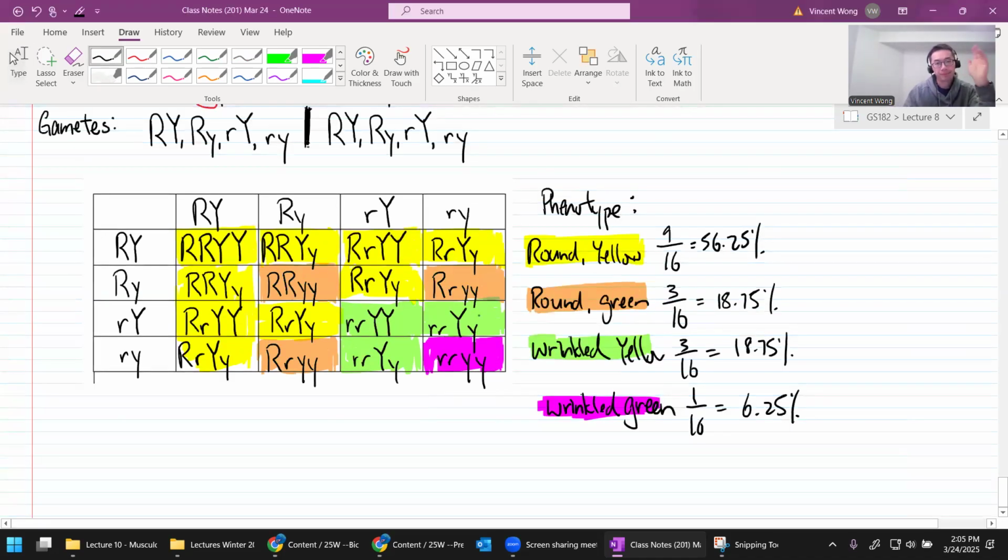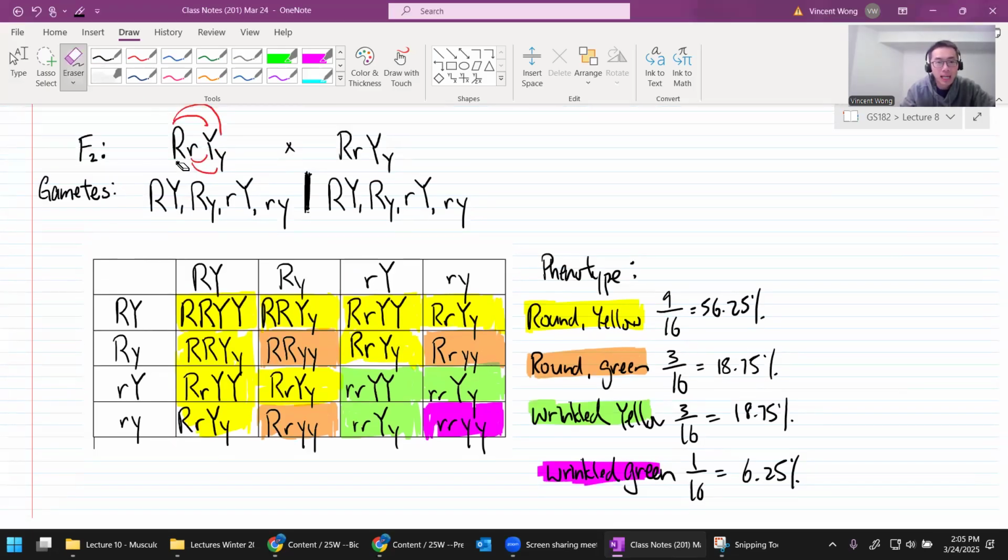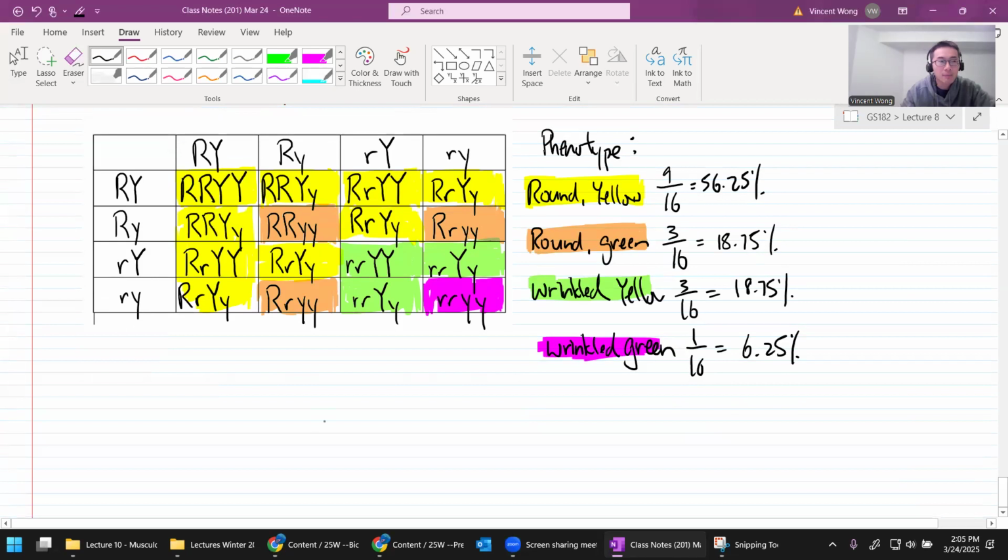So listen, this is going to save you a lot of time for multiple choice questions. If the parents are heterozygous for both traits, and you find yourself in a situation where you have to do a 4x4 table and it's a multiple choice question and you don't want to spend too much time, listen carefully.